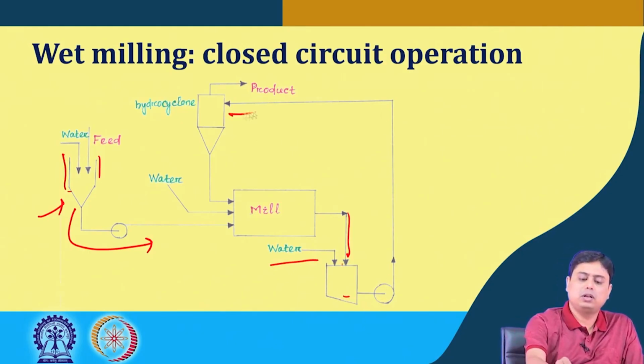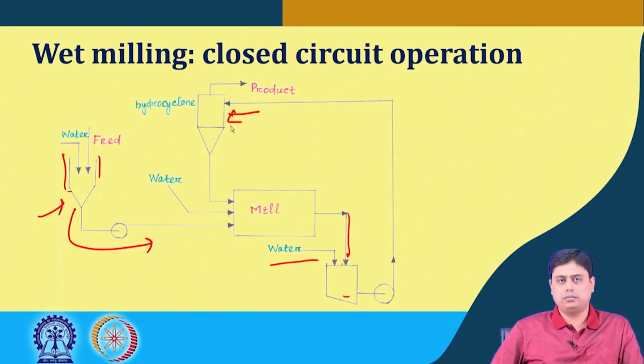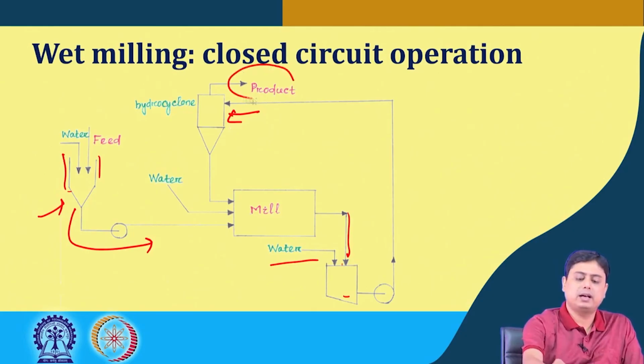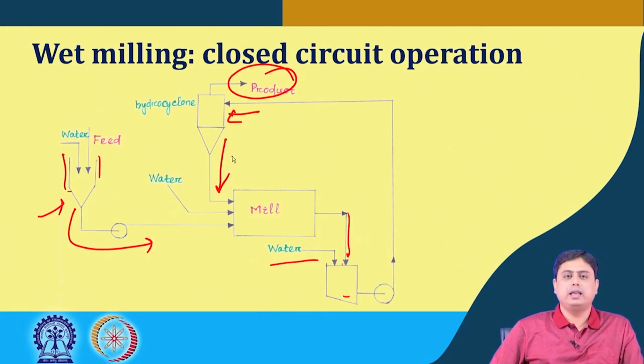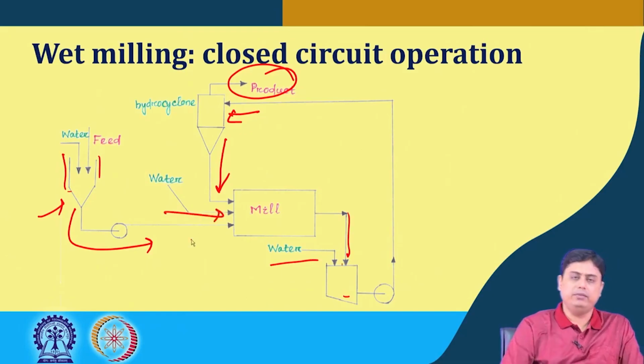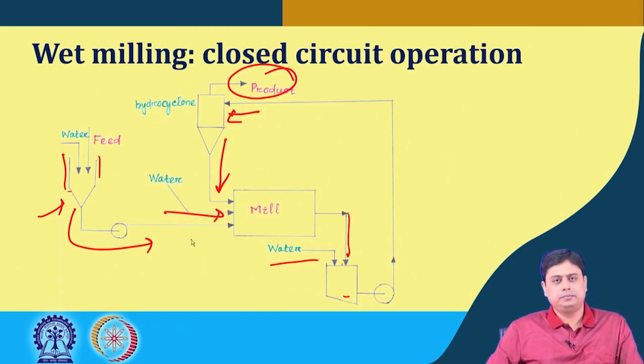This goes for classification in a hydrocyclone, where the finer particles are collected at the top and the bigger particles come back to the mill with the fresh feed, where water is supplied everywhere in order to facilitate the flowability of the material.